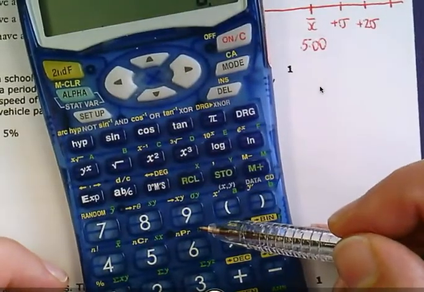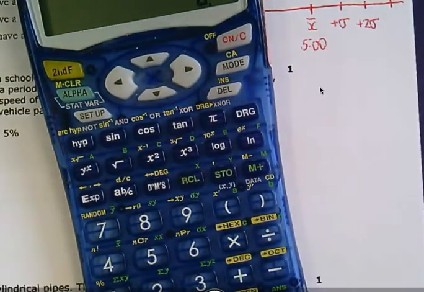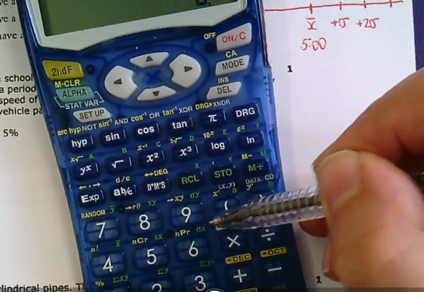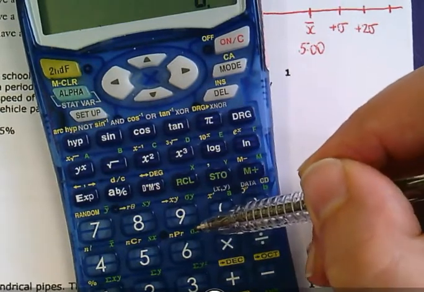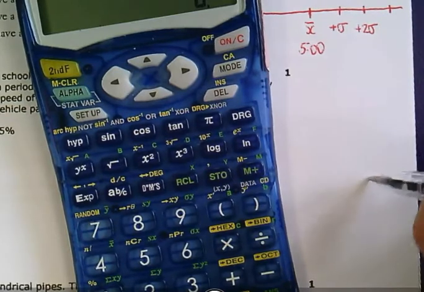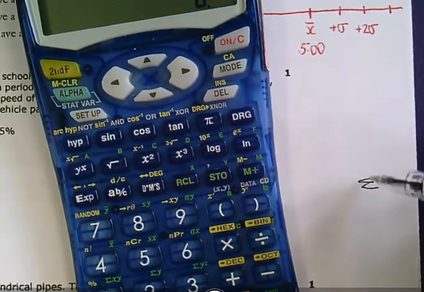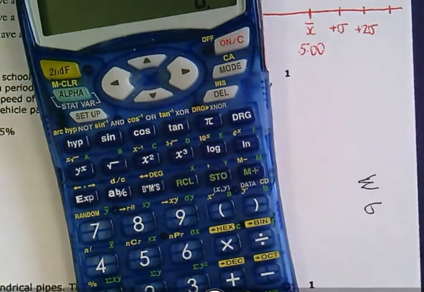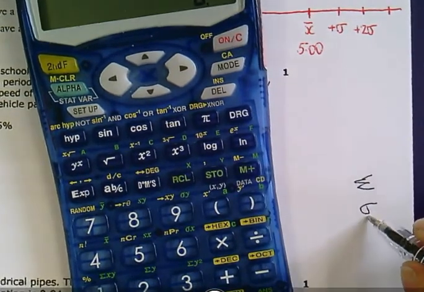You use this, it's not sigma, it's this little green thing on top of the 6, that's sigma. I know you've seen that sigma looks like this. That's capital sigma. That means sum in Greek. But this is lowercase sigma. That means standard deviation in maths.